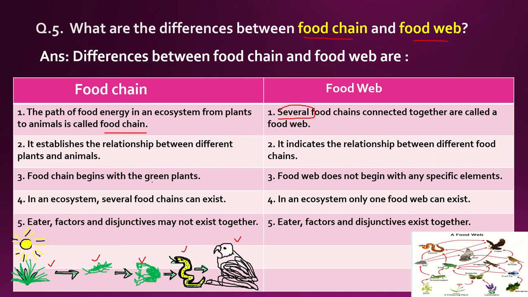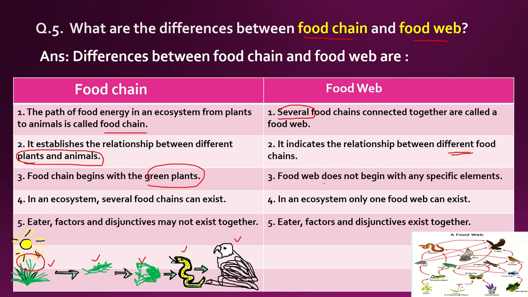Here are many food chains, and it establishes the relationship between different plants and animals. It indicates the relationship between different food chains. A food chain begins with green plants. It starts here, green plants.